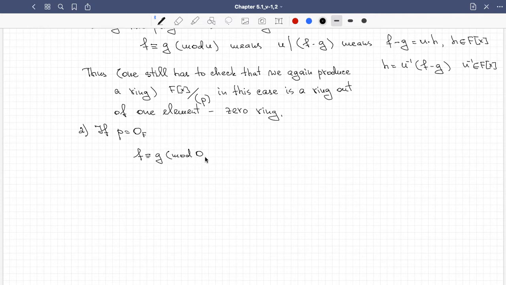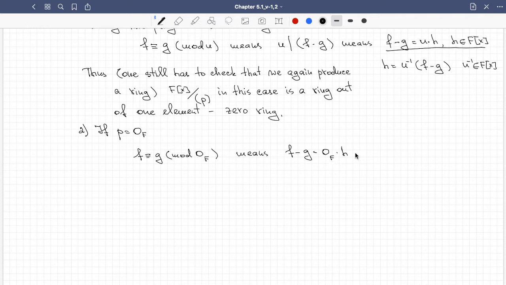mod 0 means f minus g equals, as here, something times polynomial 0 times h. H is again a polynomial, but that does not matter.